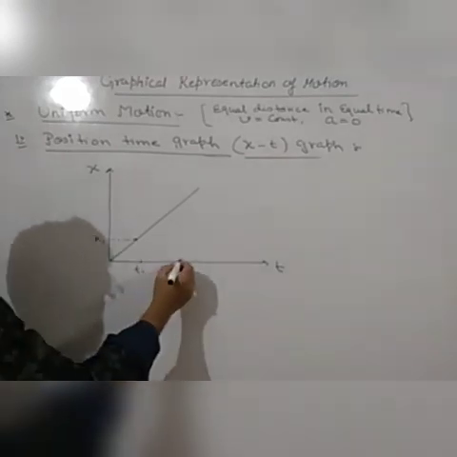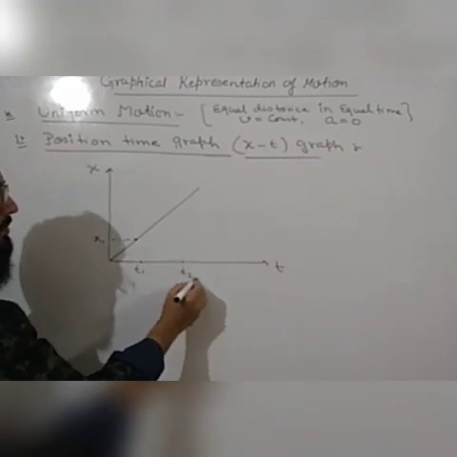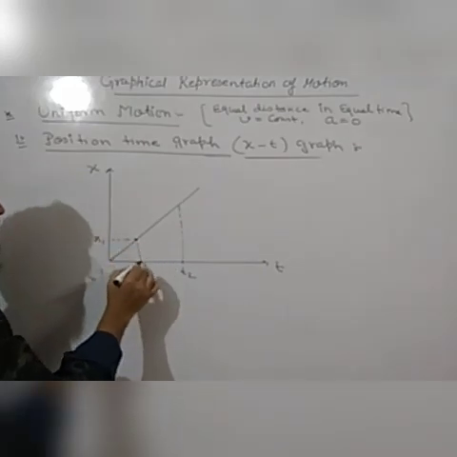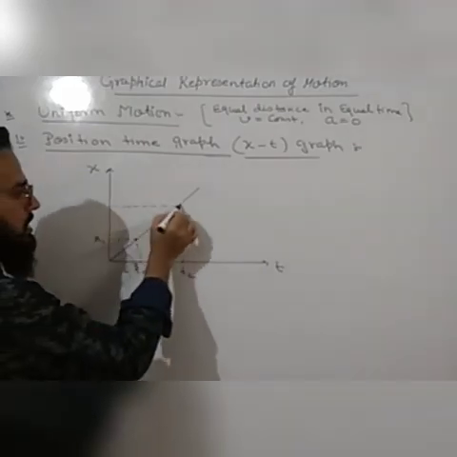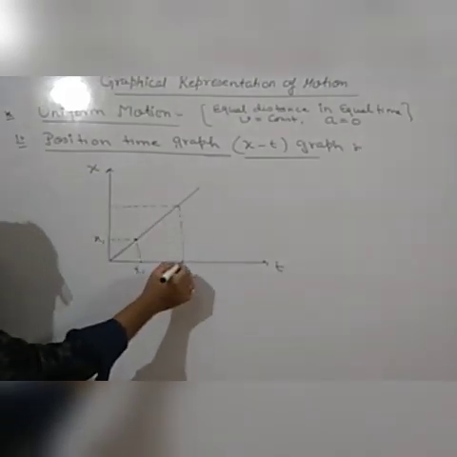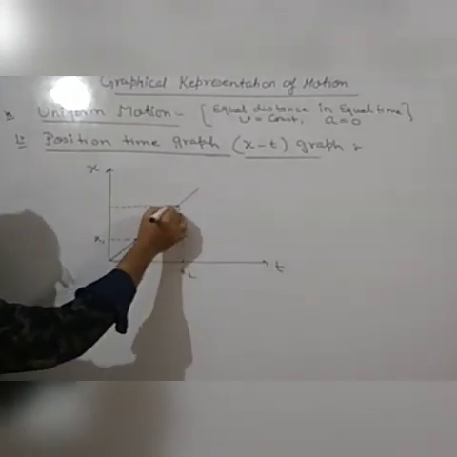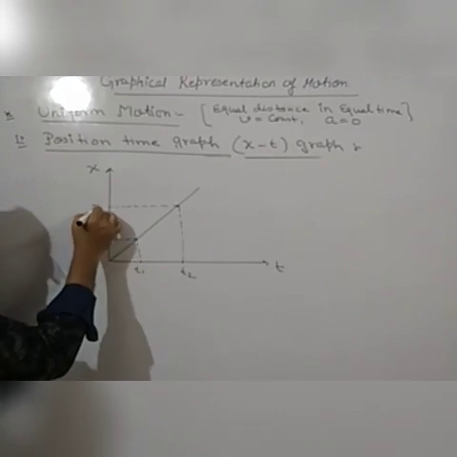Similarly, let us consider another point t2, and at this point t2, this is the position. When we move from this point t2 on the graph, it will have a value of x. Suppose this value is x2.